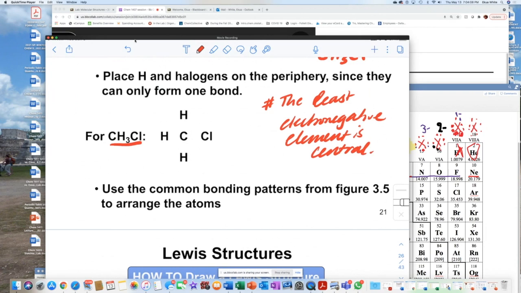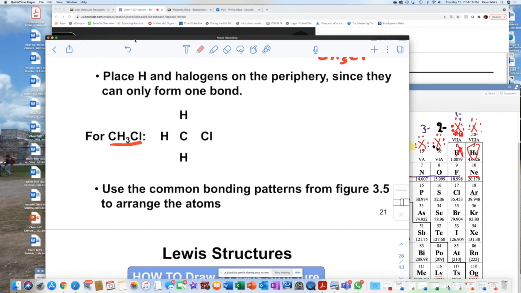I'll just say the one that can form the most bonds. Hydrogen is never central. Never. So I'm going to erase this part. Remember, you guys can pause and rewind, right? Hydrogen is never a central atom. For your level, never.